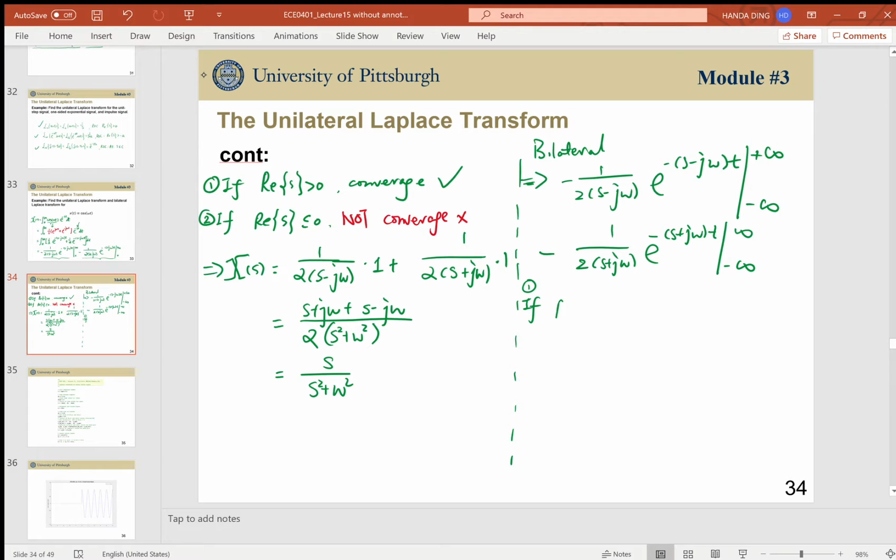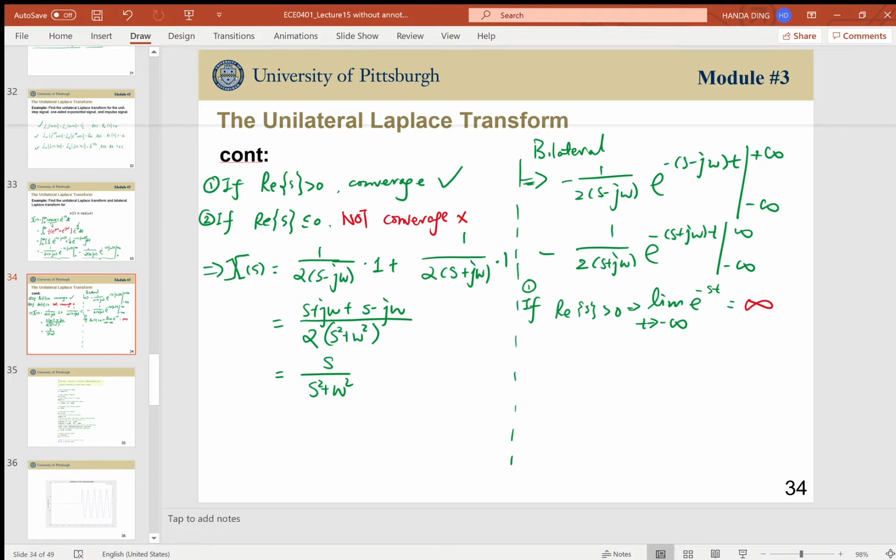If your real part is bigger than 0, that gives us infinite, right?